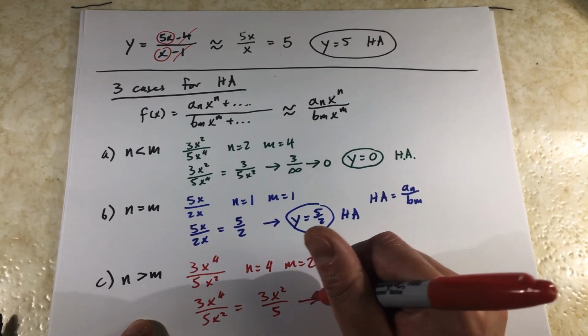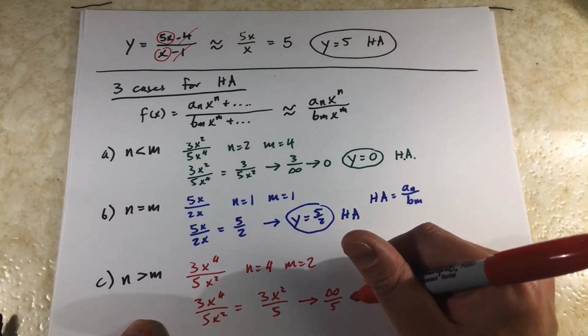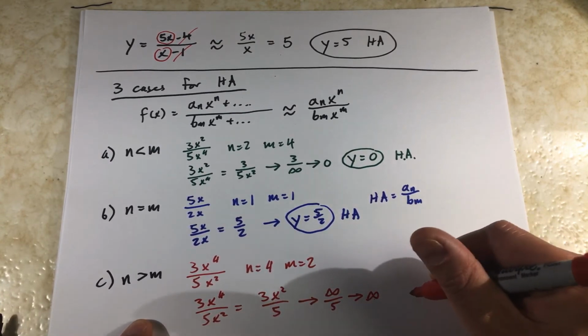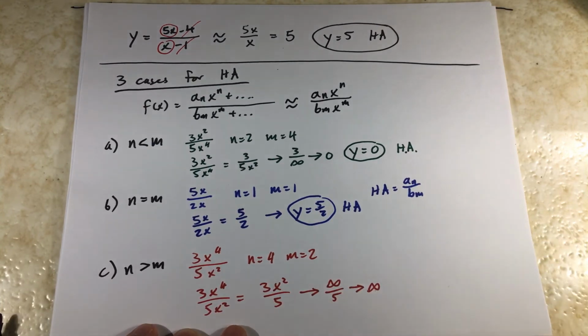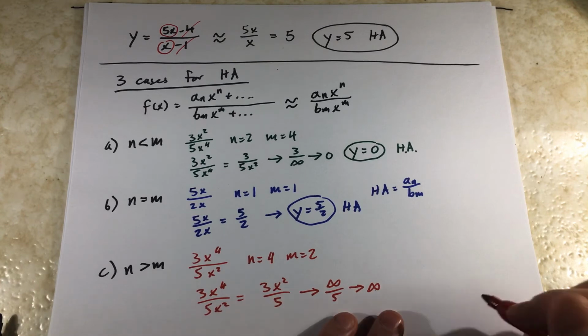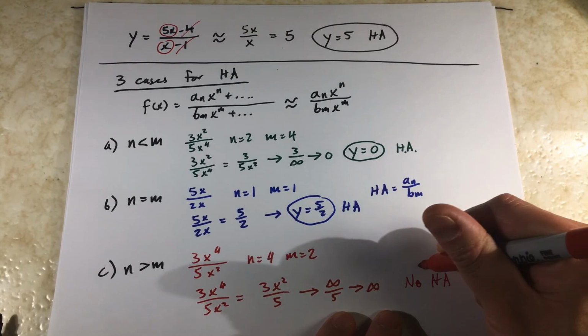And what happens is that this approaches infinity divided by 5, which is infinity. And so if you have a situation where as x gets really large, this ratio also gets really large, that means that there's no horizontal asymptotes.